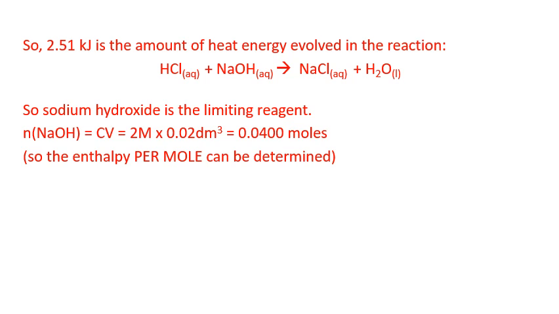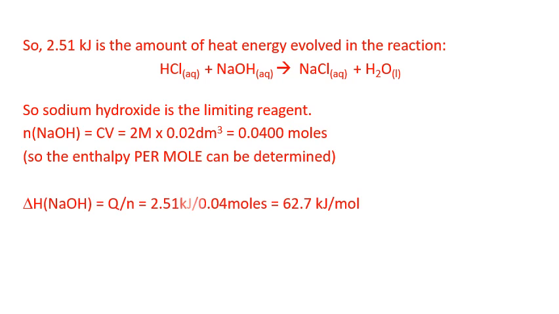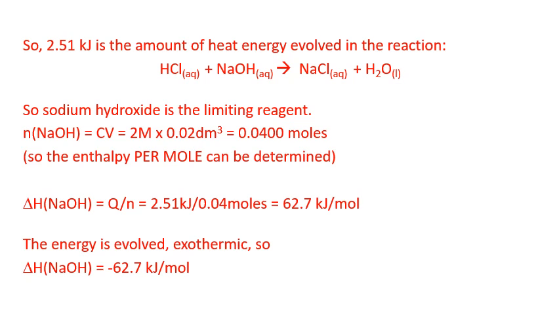So that way we can actually determine the enthalpy per mole, rather than just the enthalpy. So delta H, sodium hydroxide, is going to be Q divided by N, or 2.51 divided by 0.04, or 62.7 kilojoules per mole, which is the amount of energy that is going to be released. Okay, it's an exothermic reaction, so delta H, of course, you need to put on the negative. Negative 62.7 kilojoules per mole.